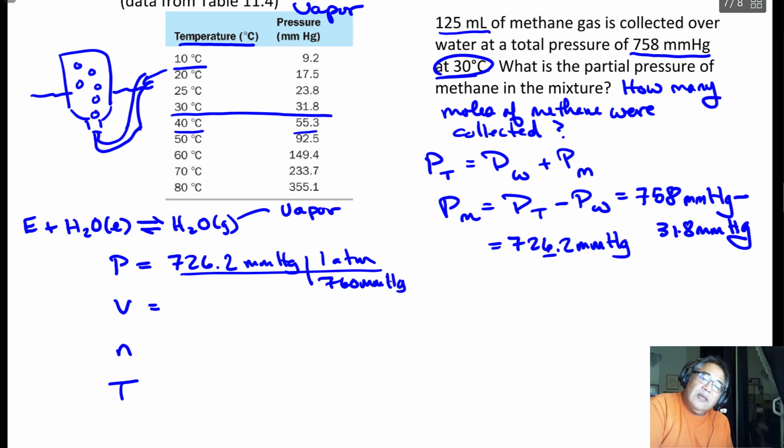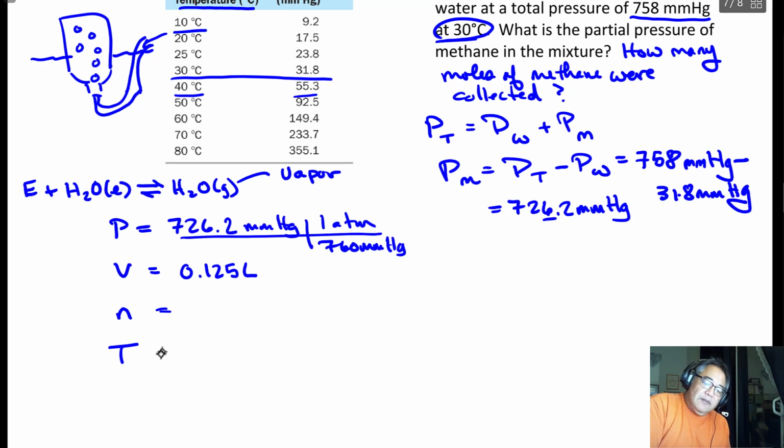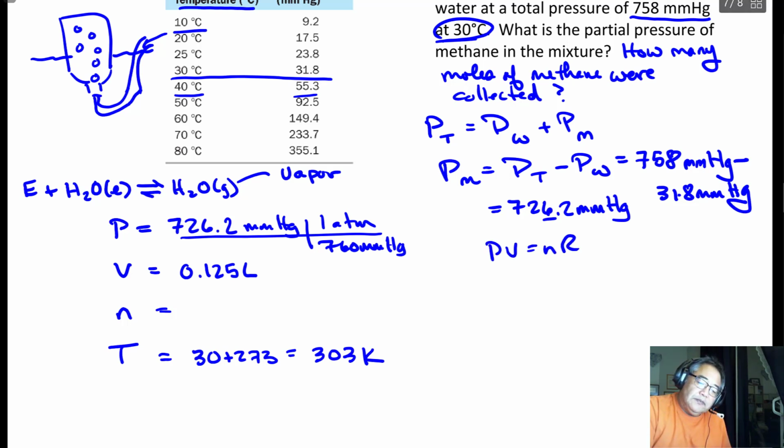The volume is 125 milliliters, that'll be 0.125 liters. So I just did that conversion without showing you. I'm looking for the number of moles. And the temperature is 30 plus 273, that's 303 Kelvin. So now I can solve for PV equals nRT for moles.